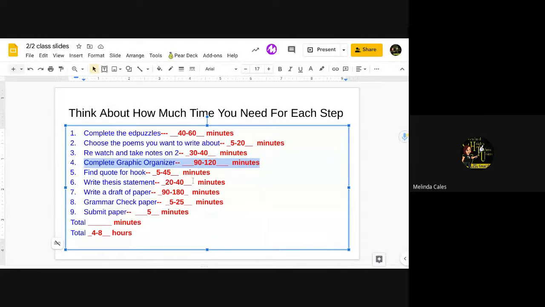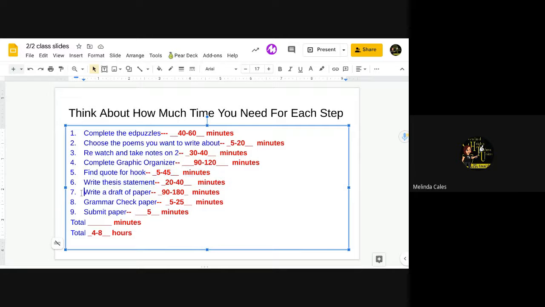All right. And then maybe I know that that's going to take me Tuesday and Wednesday. Then on Thursday, I know I need to find a quote for my hook and write my thesis statement. And Miss Kale actually said that's what we're going to be working on Thursday, those kind of things. So maybe I'll save those for that.